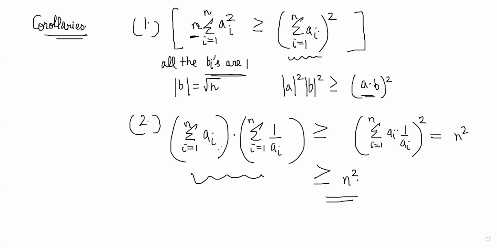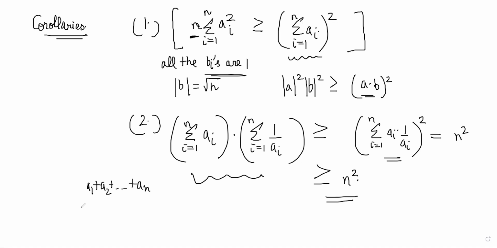So here again, the vectors are basically, this is the dot product part, this is the modulus part, right? So a1 plus a2 plus an, this is the modulus of some vector.